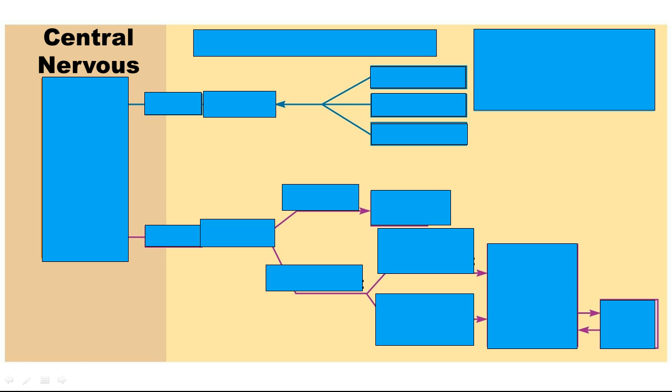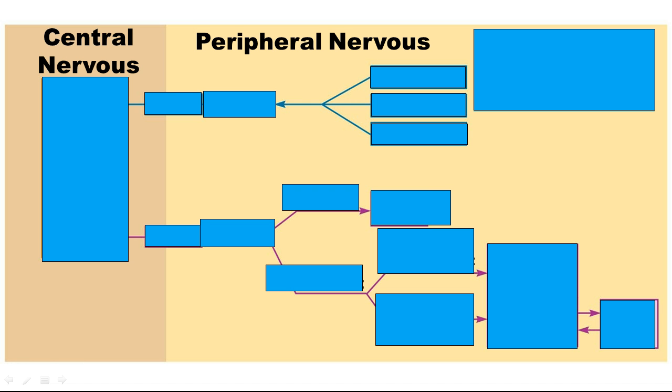Which organs comprise the central nervous system? The brain and the spinal cord comprise your central nervous system. What is our other functional division of our nervous system? We have the central and we have the peripheral nervous system.